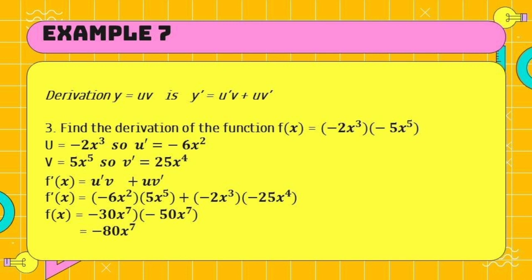And then f'(x) equals u'v plus uv'. And then f'(x) equals -6x^2 multiplied by 5x^5 plus -2x^3 multiplied by 25x^4.